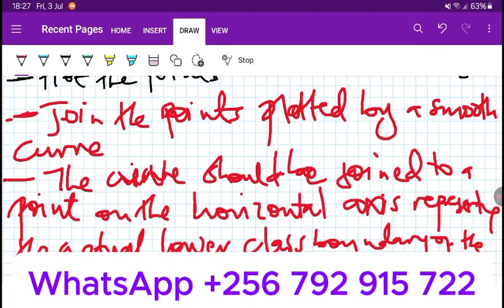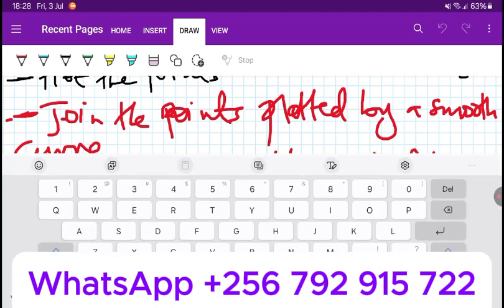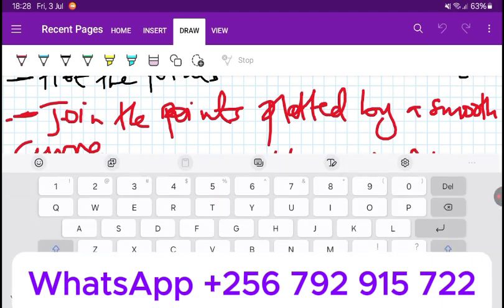So those are the steps that we follow to be able to draw an Ogive. And as we said, we get the cumulative frequency, we draw the axes, and then we label them, with the vertical being labeled with the cumulative frequencies, and then the horizontal is going to have the upper class boundaries.